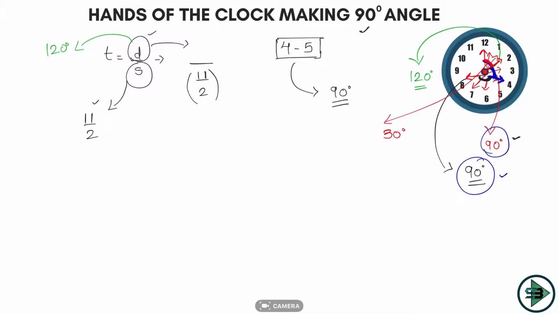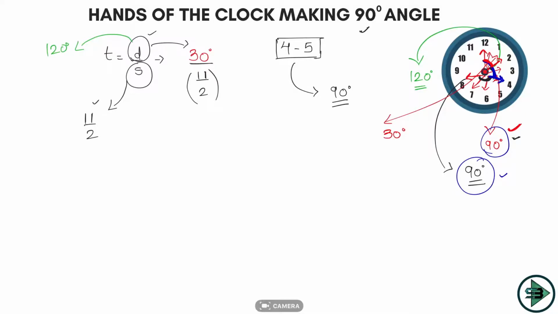If it travels 30 degrees, the remaining angle between the minute hand and the hour hand will be 90, and the angle of 90 has happened. So the minute hand traveled 30 degrees to make the angle of 90 degrees for the first time.